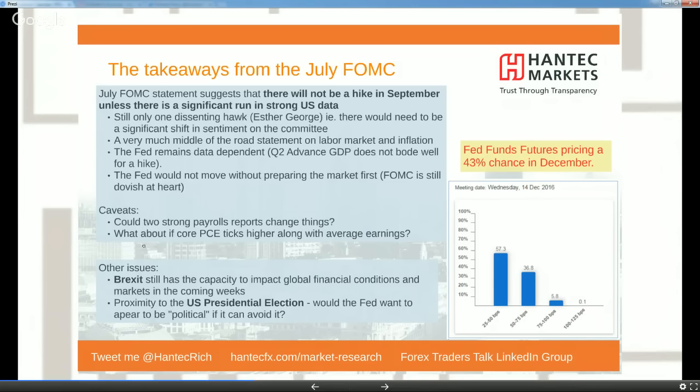Also, the US presidential election is so difficult to know exactly what the outlook for the US will be from that election. I haven't gone into it yet in terms of preparing for the event, and I'm going to do some more work on that in the coming months. But you would imagine that a Donald Trump US presidency would be protectionist, would be anti-trade.